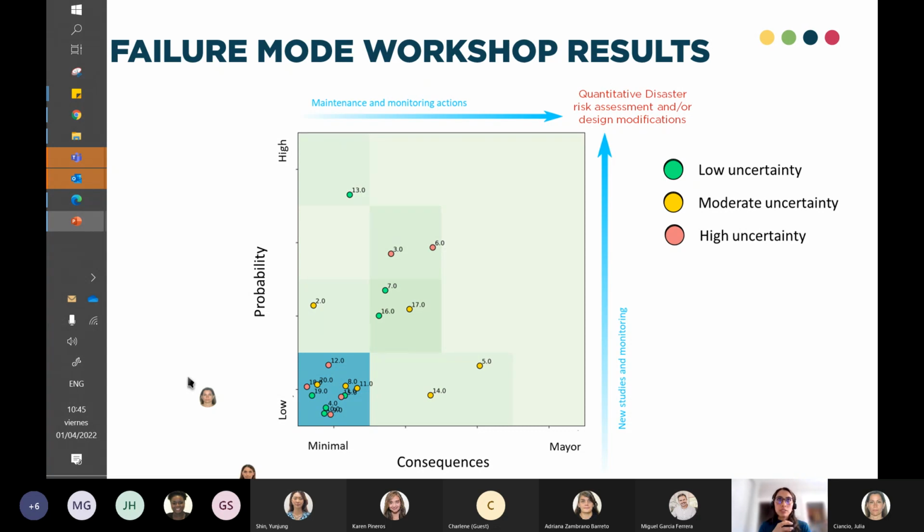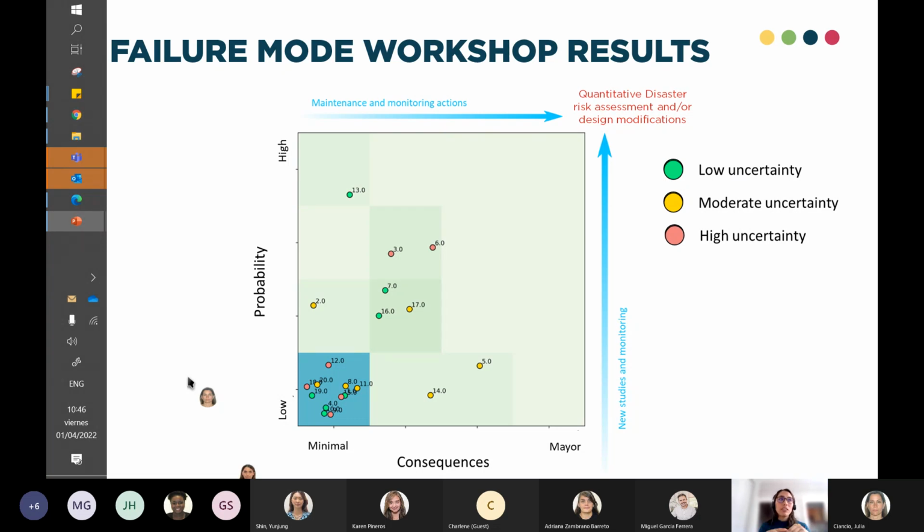As you may recall, the workshop starts with an individual identification of the failure modes, and then goes into a more general discussion and analysis where all experts analyze all of the possible failure modes that were identified in the individual phase.